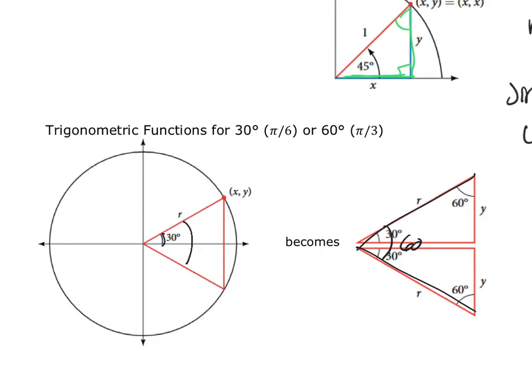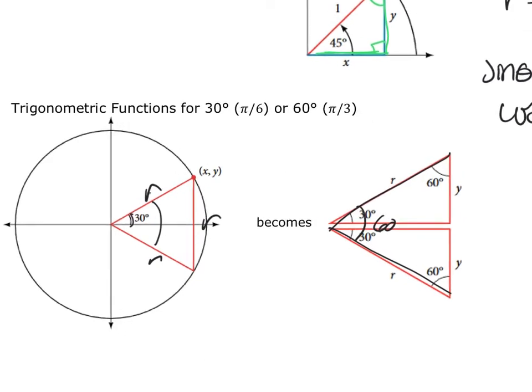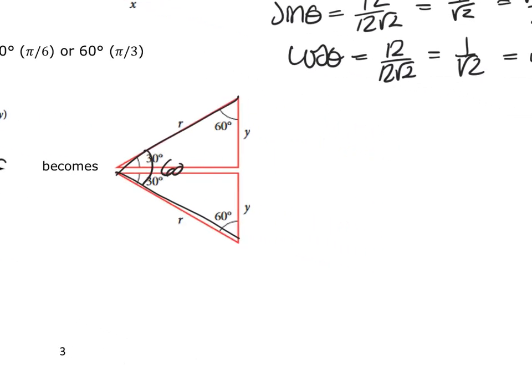It is equilateral. So if this is R and that's R, that must also be R. So we all have the same values. So if we come over here and take a look at this particular triangle, here is R, here is 30, here is 60. We know this must be 1/2 R, right? Because it's half of the triangle that I started out with.